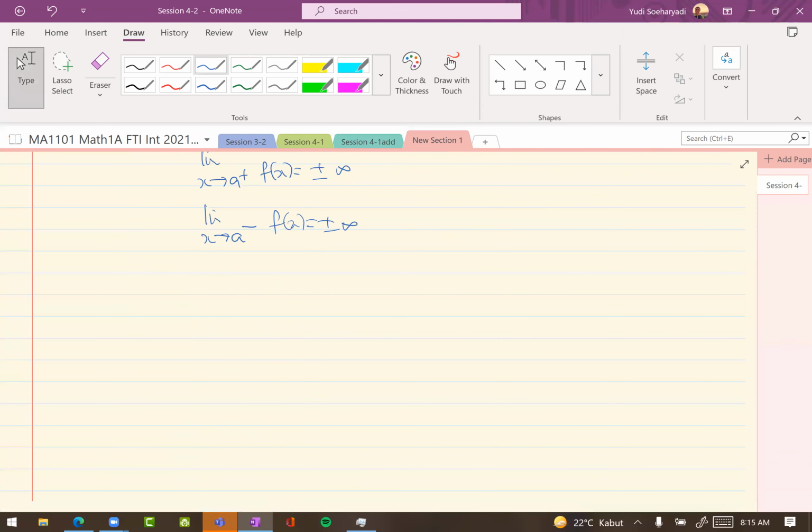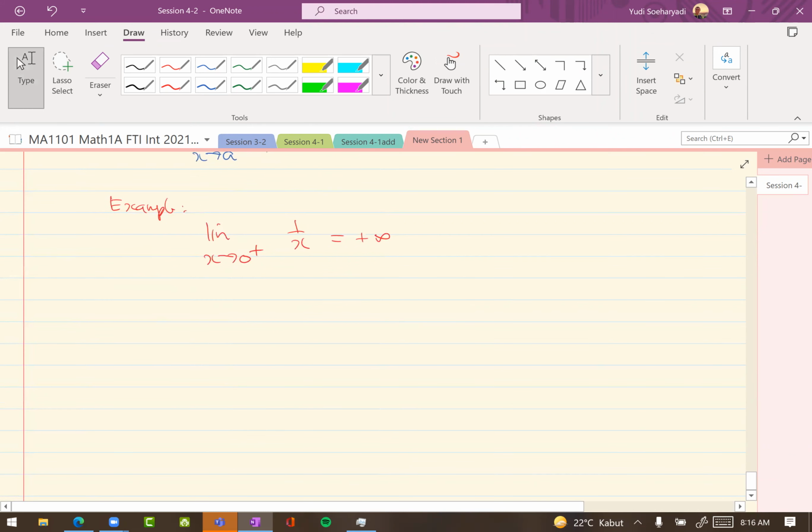So for example here, the limit as x goes to 0 from the positive side of 1 over x is plus infinity. How do we see this one? All right, so that's our scratch work here.